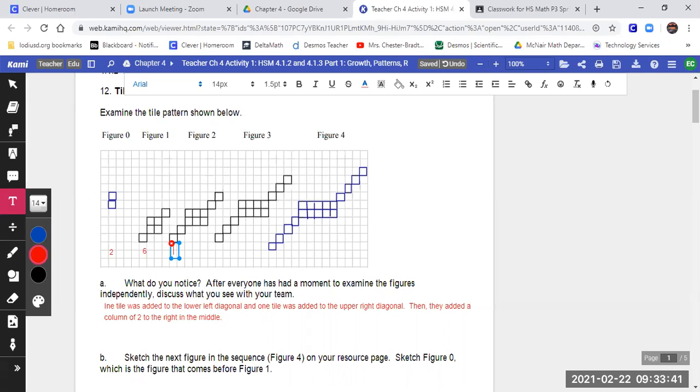Come on, how many total tiles are in figure 2? 10. 3. 14. And then 4. Okay, 2, 6, 10, 14, 18, right?